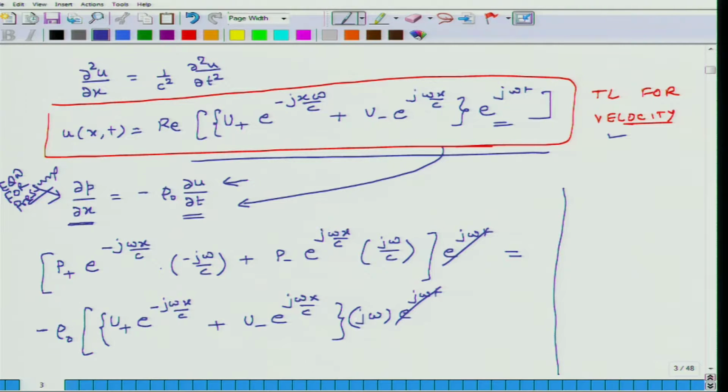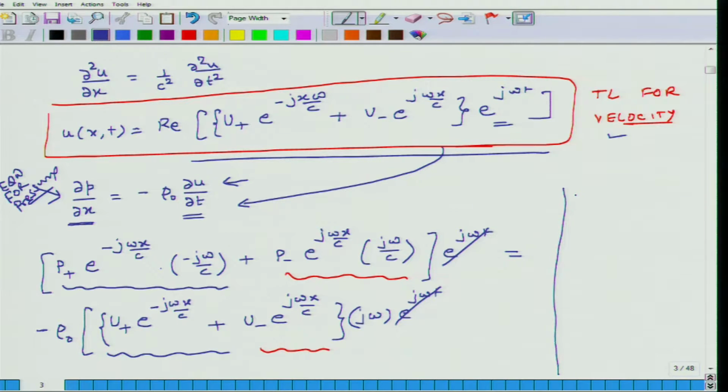That can happen only if this term equals this term and this term equals this term, of course multiplied by j omega and rho naught. So I will establish these two equivalences.